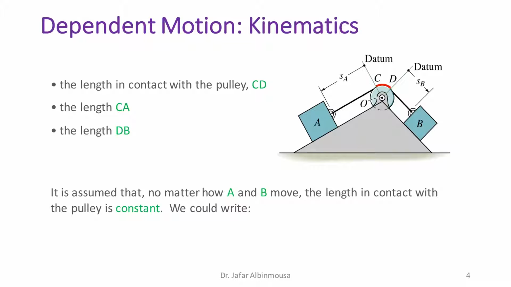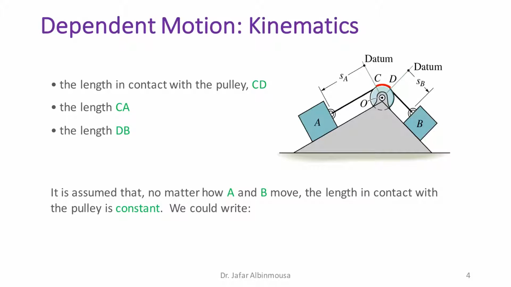And if you look carefully, we are going to establish a datum. This datum, as we all know, is usually established on a fixed point. So if you have this point which is fixed, at a pulley fixed to this structure, then we can establish the datum there. We call the position of block B, SB, and we call the position of block A, SA.